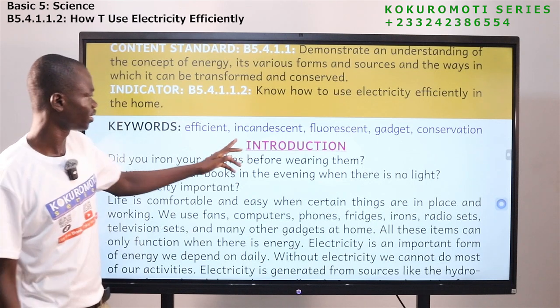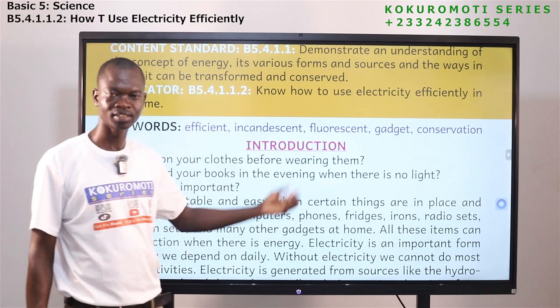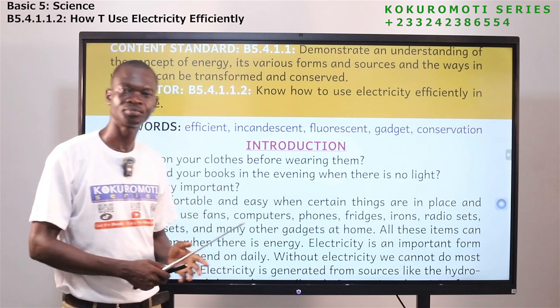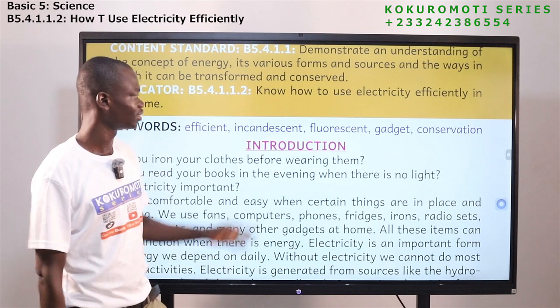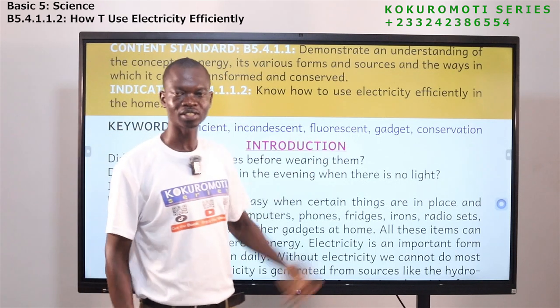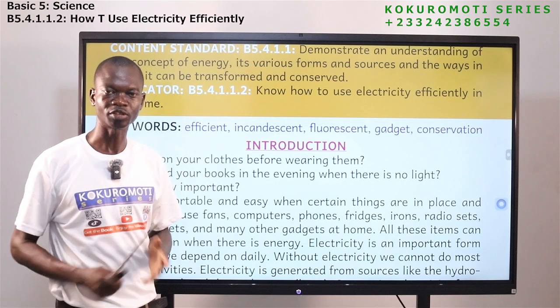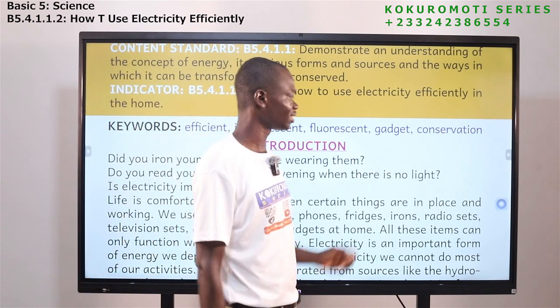The next word is incandescent. Incandescent is a type of bulb that we use. We shall look at it. Another one is fluorescent. Fluorescent too is another form of bulb that we use. We shall look at it, don't worry. We have gadgets here.